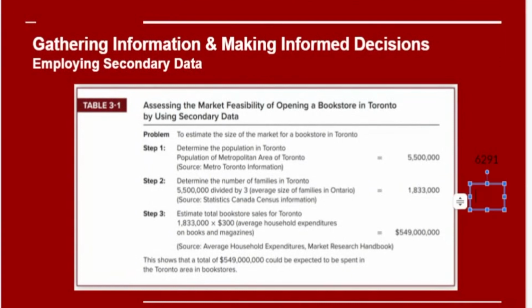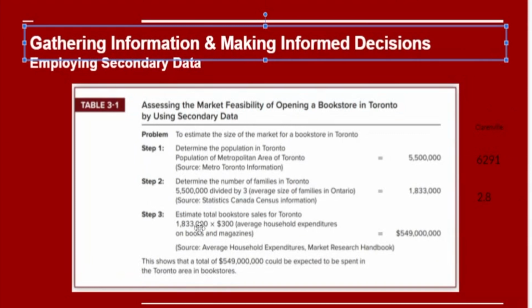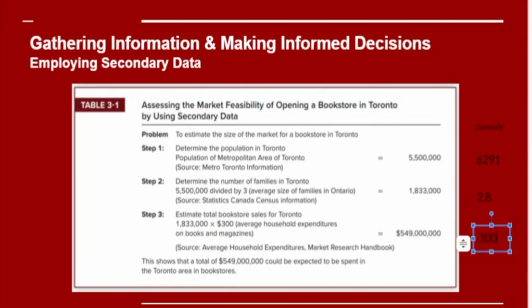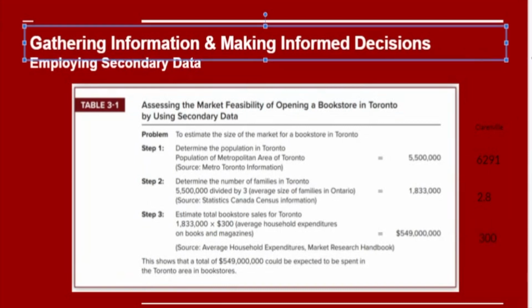We also know that the average household size for Clarendon is 2.8. Instead of digging hard at the numbers, let's assume that we went and did this research and found that the number is exactly the same. So let's just use the same data that they use for Toronto, because I'm sure it won't be that much off. So it's a reasonable estimate.